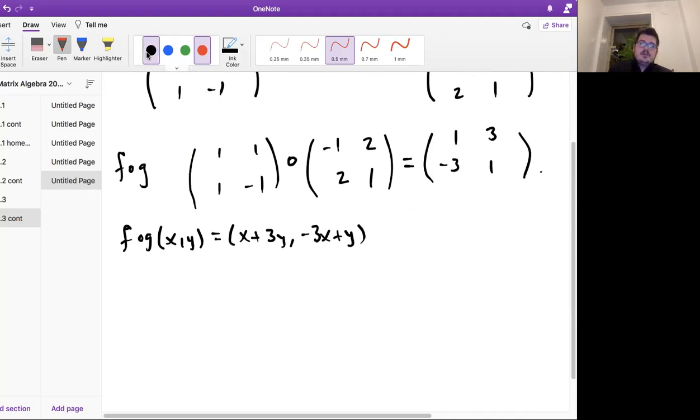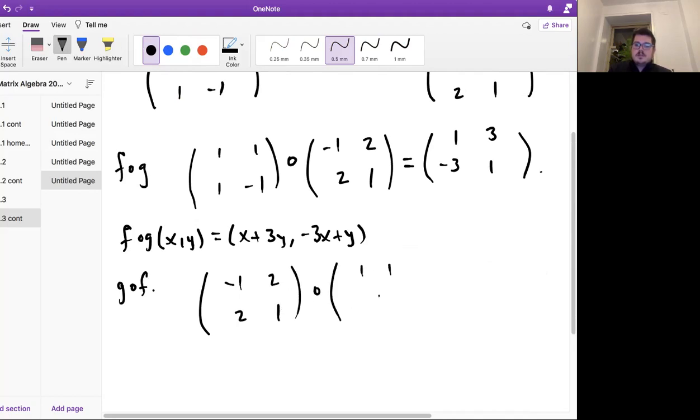Let's do G of F, and then we'll construct the formula and generalize it for any composition.